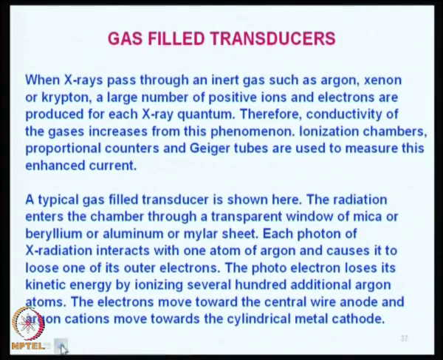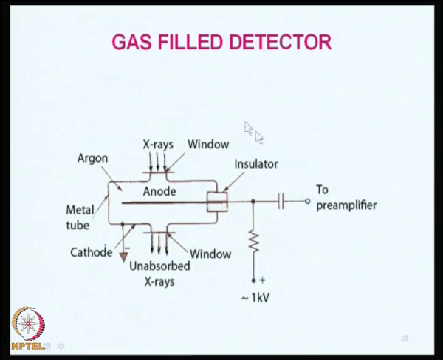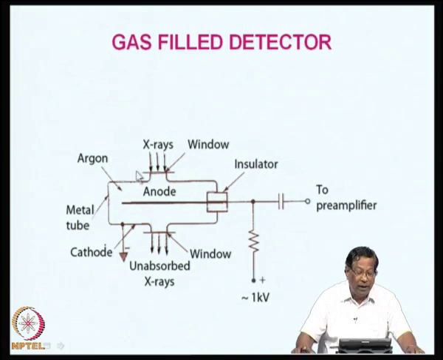So, a typical gas filled transducer I am showing here. You can see here I have a gas filled tube and an anode is here, X-rays are falling through a beryllium window, a parallel X-ray beam is falling here and unabsorbed X-rays are going out, and I need a metal tube.